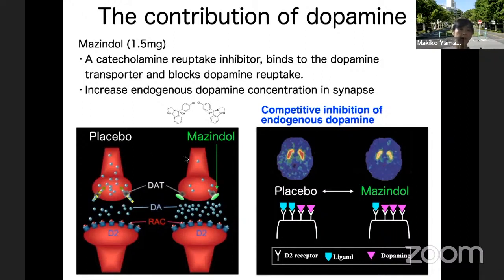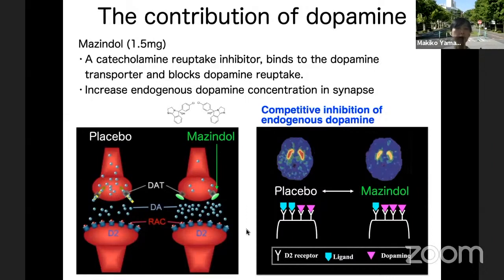And in these two conditions, we inject raclopride, which binds to dopamine D2 receptors. Compared to placebo, in the condition of Mazindol, raclopride does not bind as much as in the placebo condition.